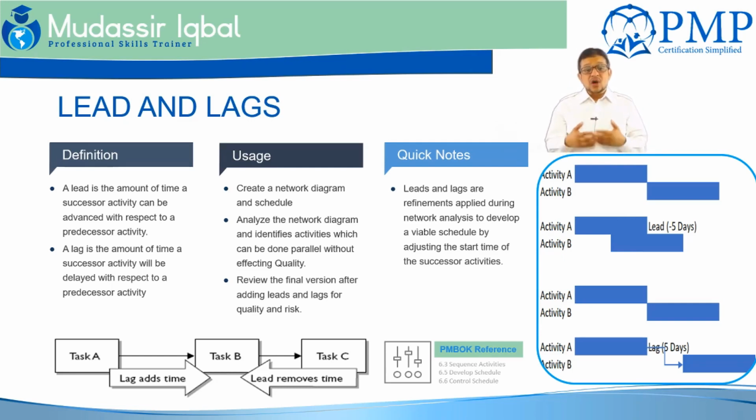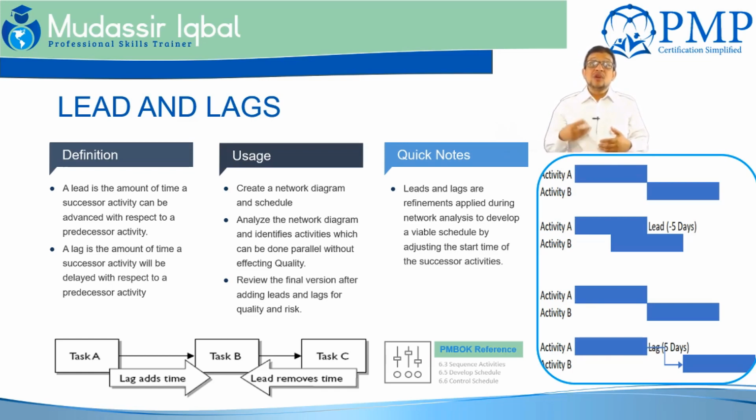Leads and lags also play a very important role when it comes to fast tracking for schedule compression. You want to compress the schedule, so you might want to lead some activities on the critical path.